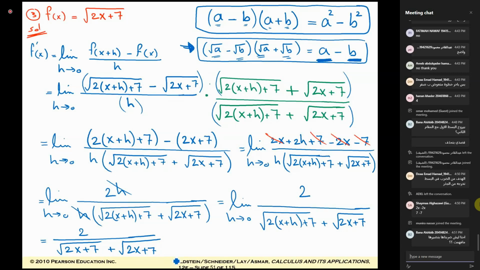We can add the two roots together, so we have 2 over 2 radical 2x plus 7, and remove 2 with 2. After more simplification, we have 1 over radical 2x plus 7. This is the final answer.